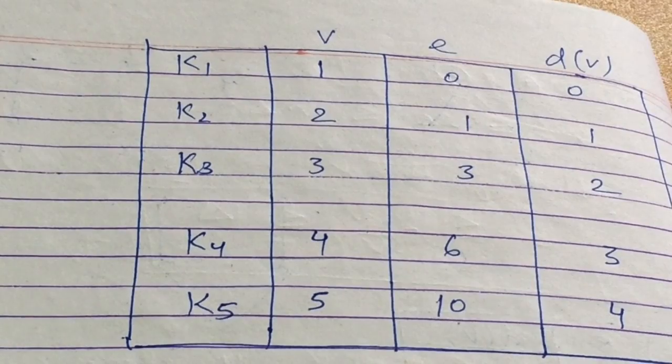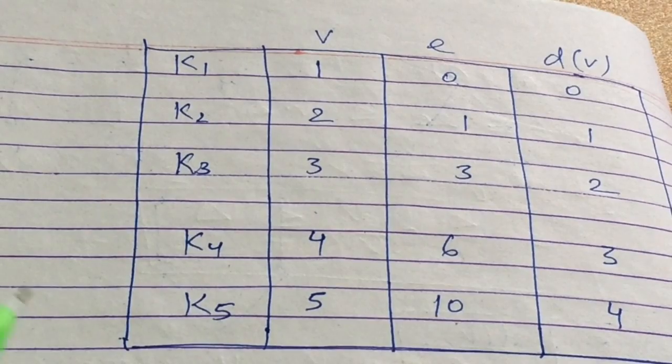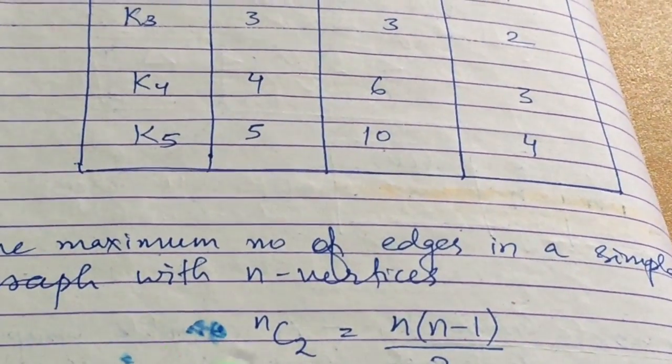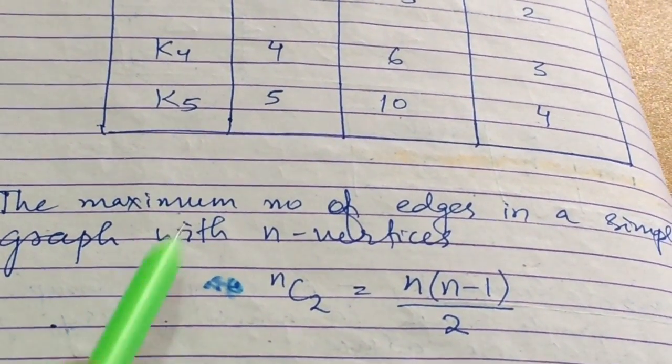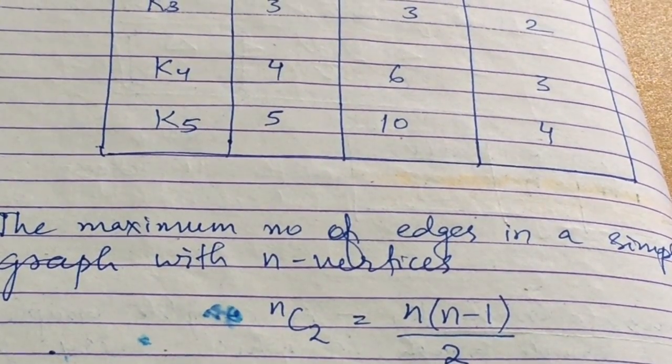Your answer will be NC2. How? Because n is the number of vertices and each 2 vertices can make an edge. The maximum number of edges in a simple graph with n vertices is NC2, which is n into n minus 1 by 2.